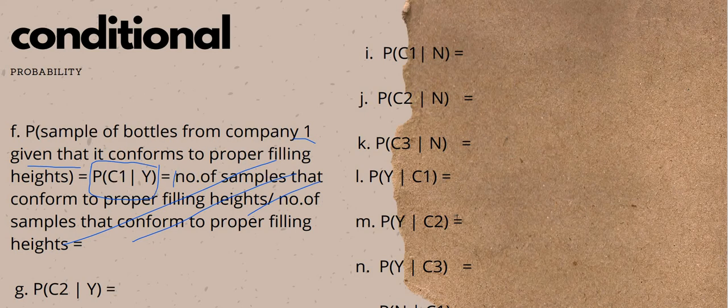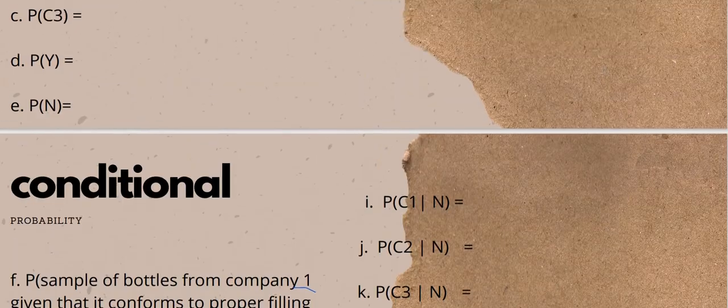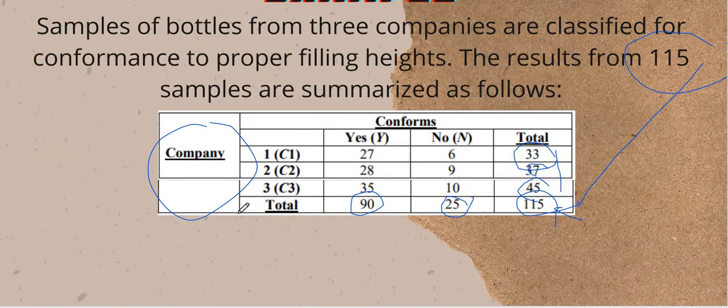So how do we find it? You find from the table PC1Y. So PC1 is here, and this is Y, right? So where is the intersection? Here. The 27 here means that it's a PC1 and it's a Y, or it's a conform.